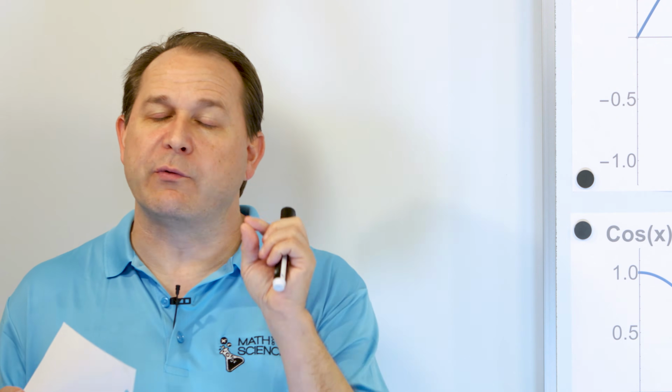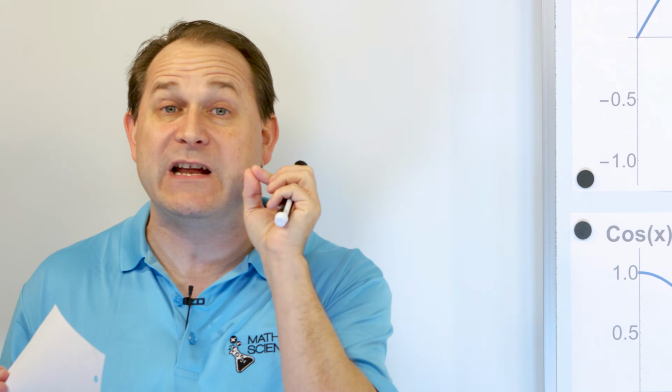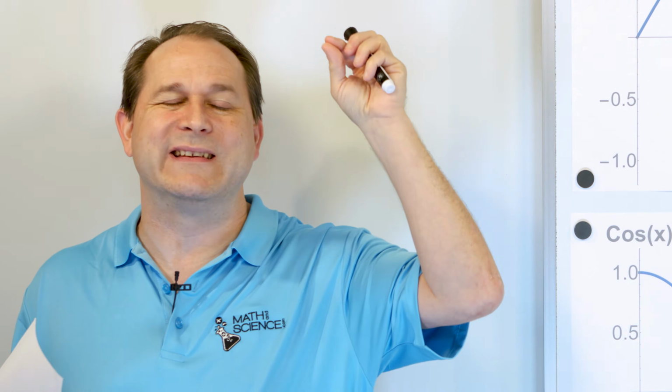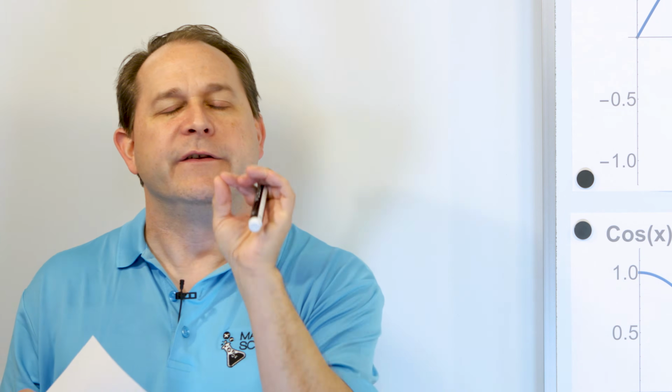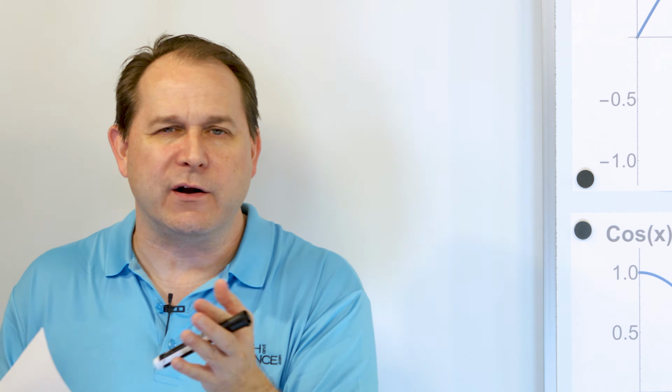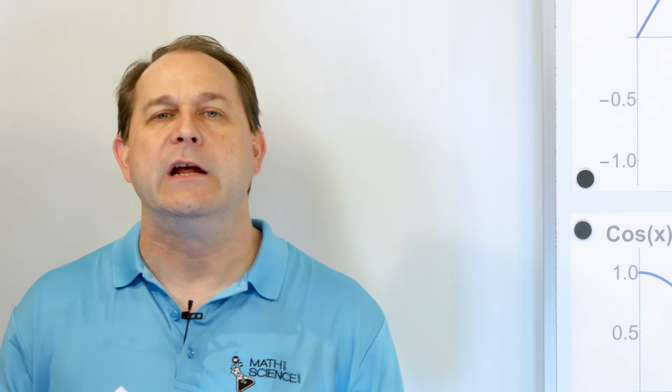So what I want to do is remind you at the very beginning that the tangent function is defined by definition to be equal to the sine of whatever angle you're talking about divided by the cosine. So tangent of an angle, either theta or x, whatever variable you're using, is equal to sine of that angle divided by the cosine. Why is that?